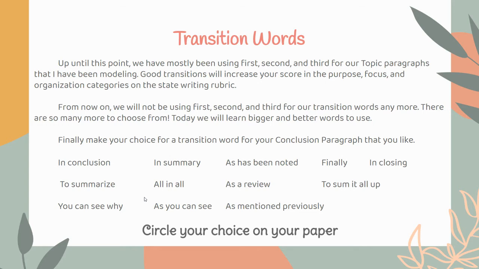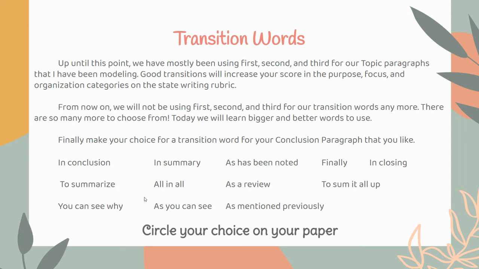Okay, finally, we want to think about our conclusion paragraph. So when we're writing that conclusion paragraph, I had given you the examples of, as you can see, or in conclusion. But there are quite a few different ways that you can transition to your conclusion paragraph. Here are a couple that you can choose from.